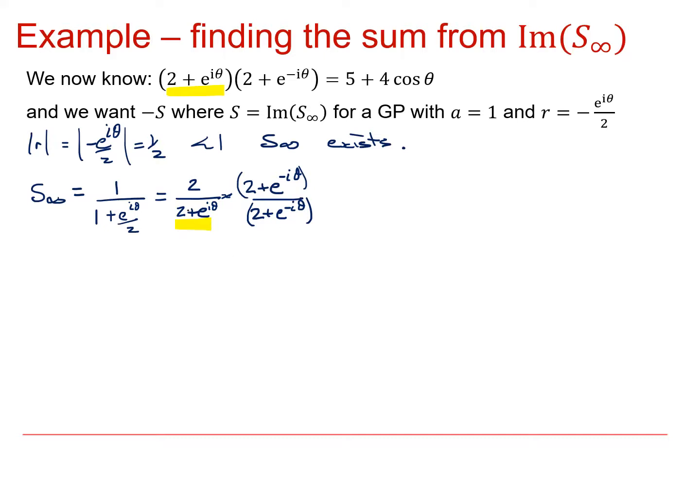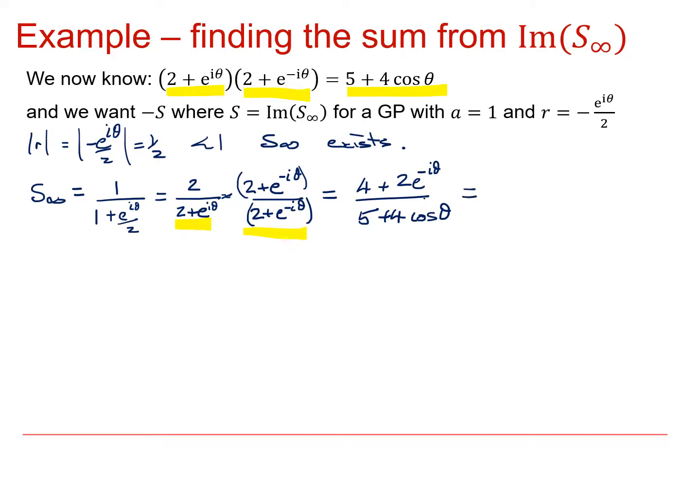Now on the bottom here, I've got 2 plus e to the I theta times 2 plus e to the minus I theta, and I know that I can replace that with 5 plus 4 cos theta. So if I sort out the top line, I'm going to get 4 plus 2e to the minus I theta all over 5 plus 4 cos theta.